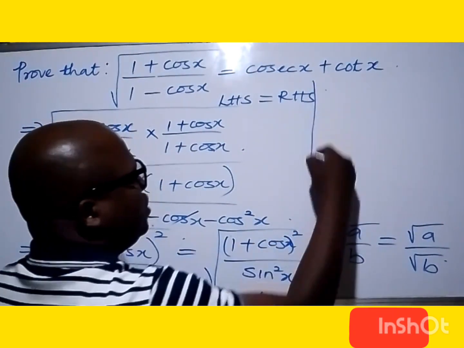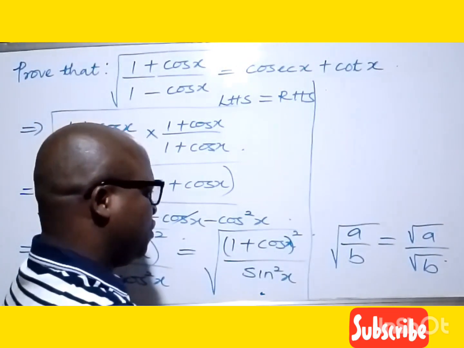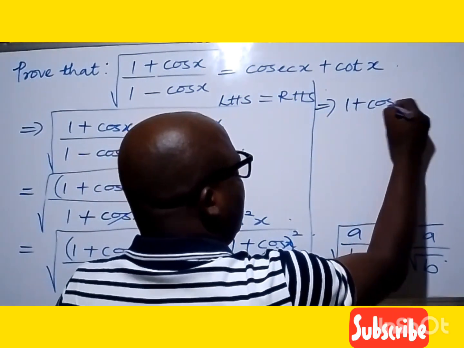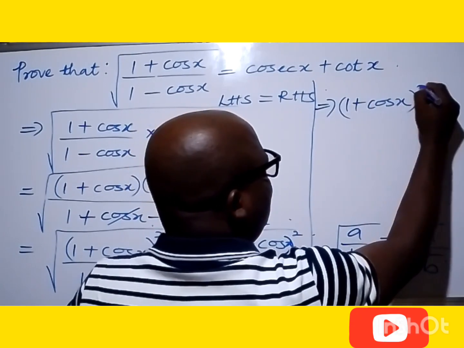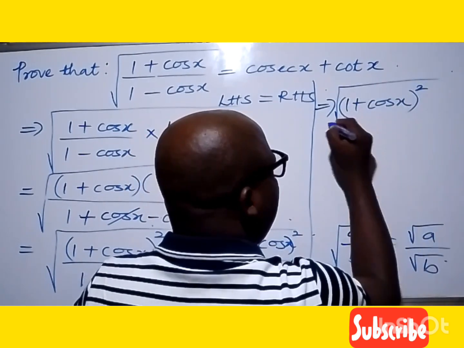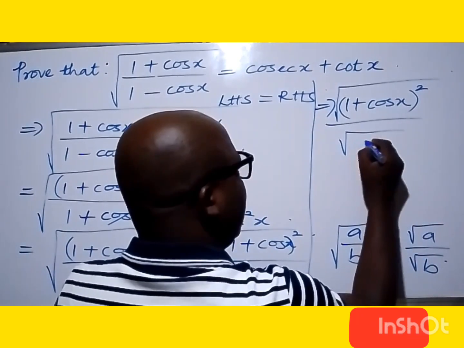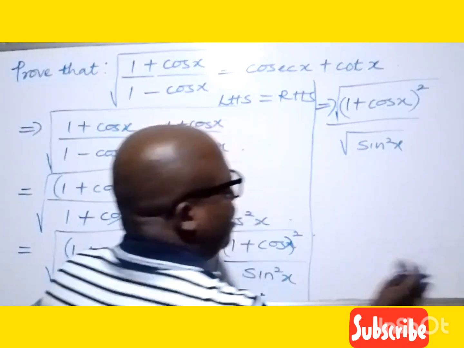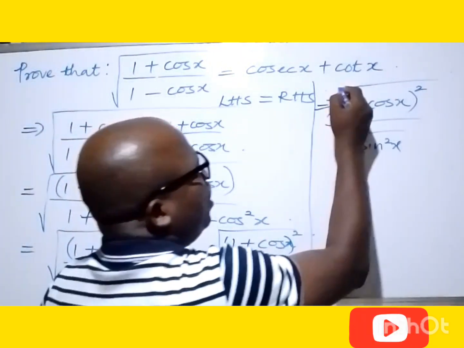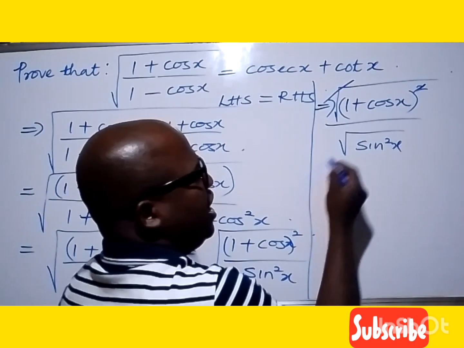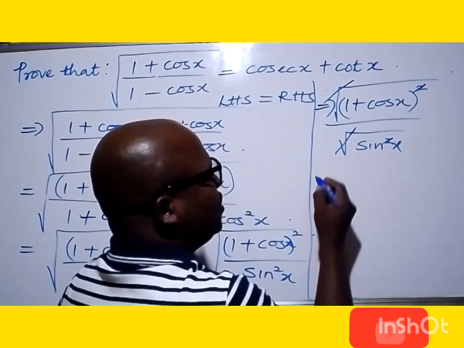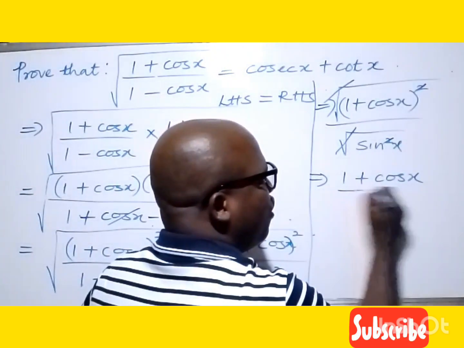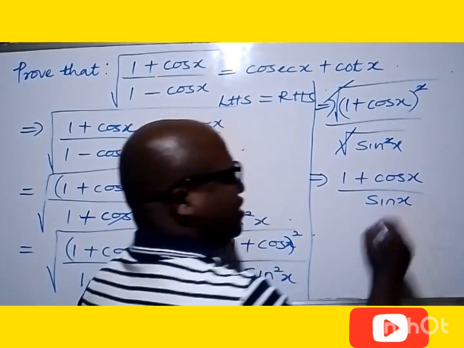So this equation will now be the square root of 1 plus cos x squared all over the square root of sine squared x. Where do I go from here? The square root sign here, we cancel this square, and at the same time the square root sign here, we cancel this too. That means we are left with 1 plus cos x all over sine x.